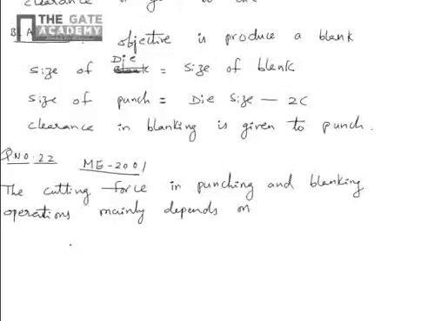Modulus of elasticity is related to linear stresses, bulk modulus is volumetric stress, yield strength is linear stress. So only shear strength is for shear stress. So answer is B, depends on shear strength of the material.